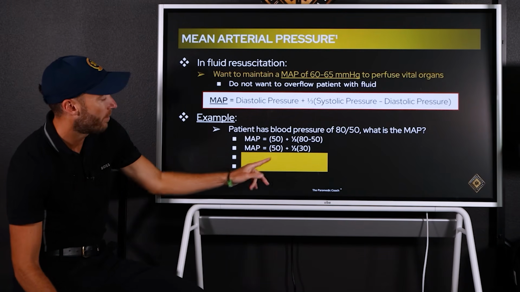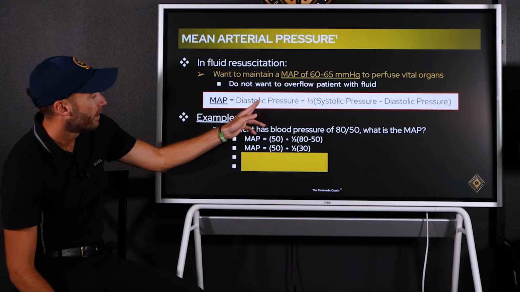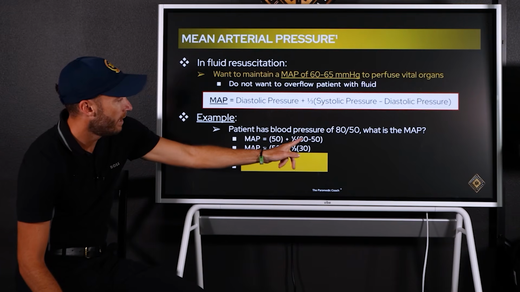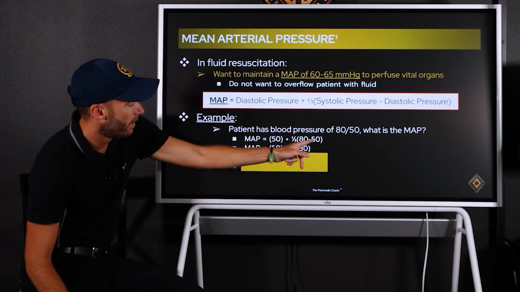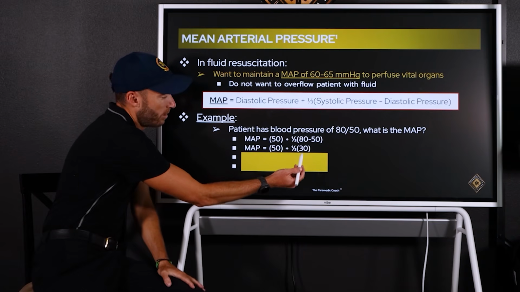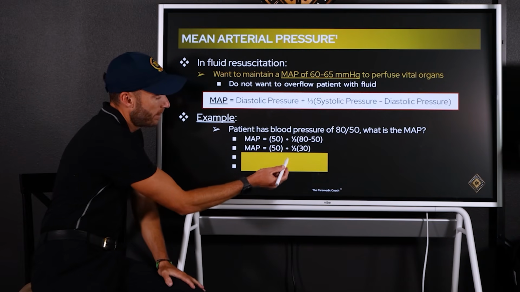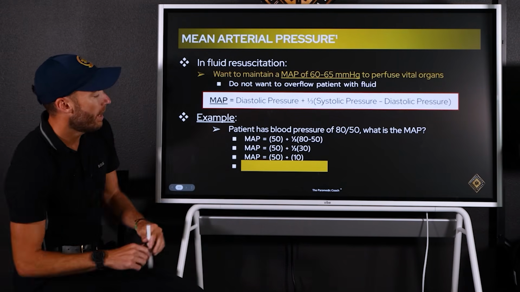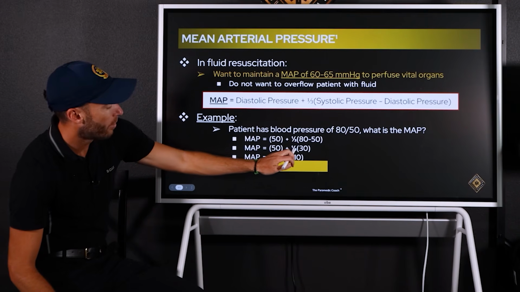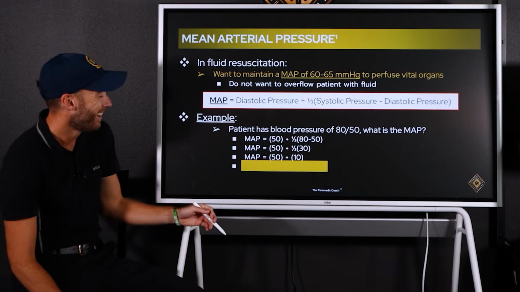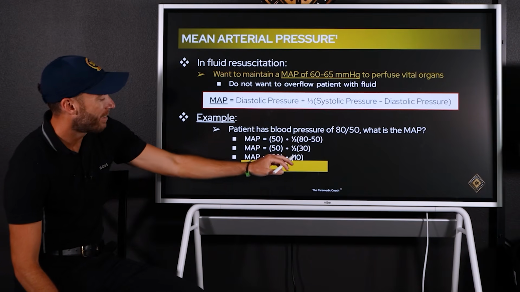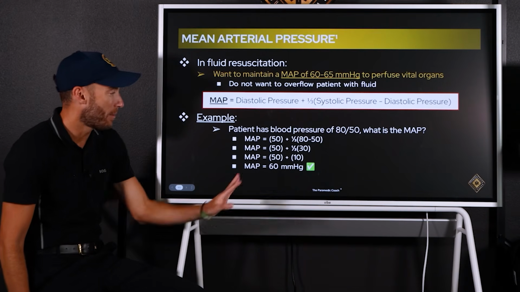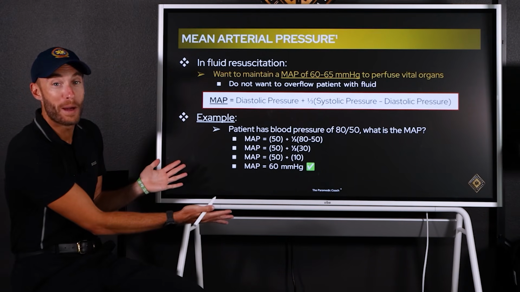We have our one third and our 50. Systolic pressure, 80. Diastolic pressure, 50. I do an equation here to get 30. I still have my 50 and my one third. Hang with me. Basically this is saying, what is one third of 30? That's 10. So 50 plus 10, MAP of 60. See how we did that? A little med math for you, folks.